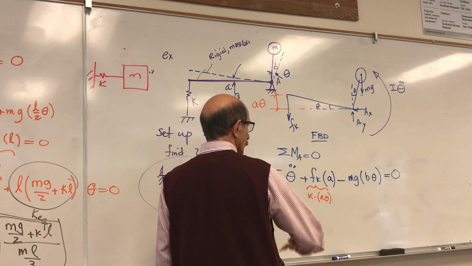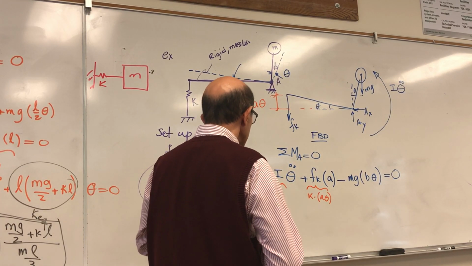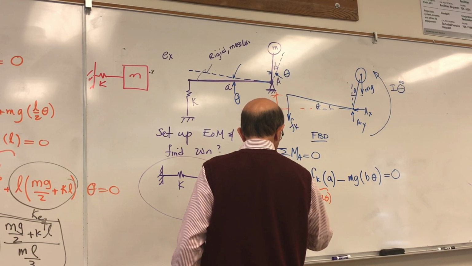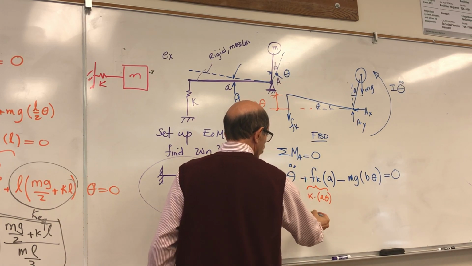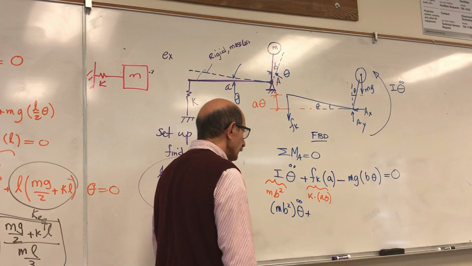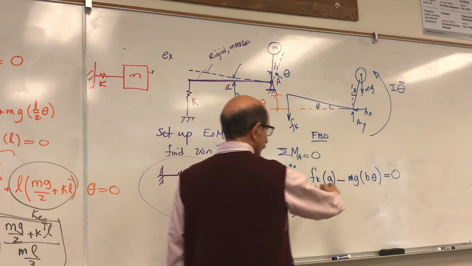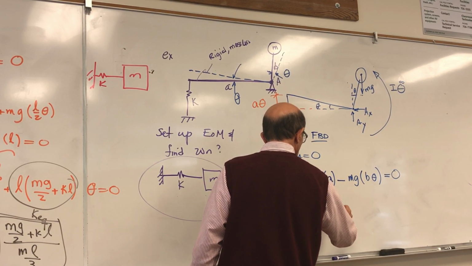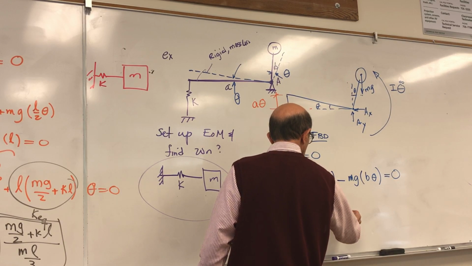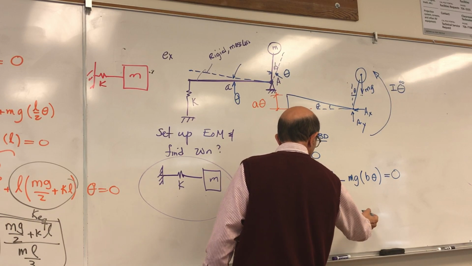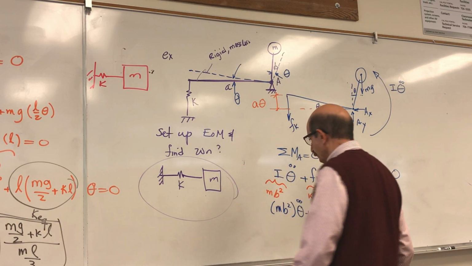Okay, so let's simplify this and rewrite that, so you have m b squared theta double dot plus, I'll factor out theta, so you have k a squared minus m g times b, theta is equal to 0.